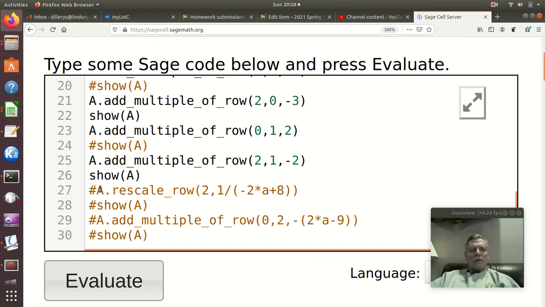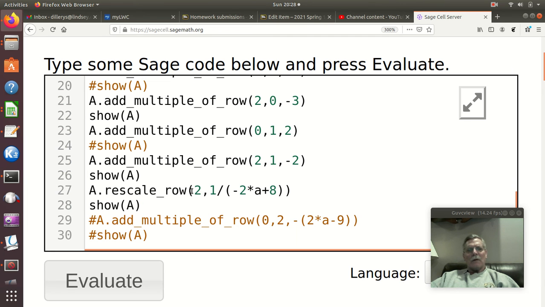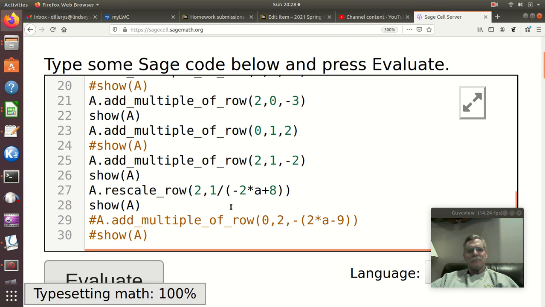And so that's the rescale part here. I just say rescale the last row, row 2, by the reciprocal of -2 times a plus 8. Notice I have to put that asterisk in there for the multiplication, and I say evaluate.